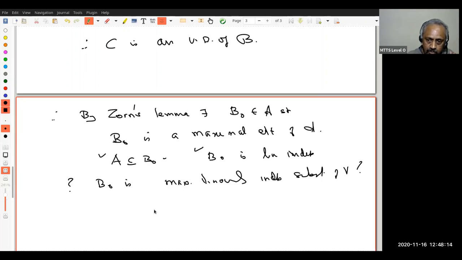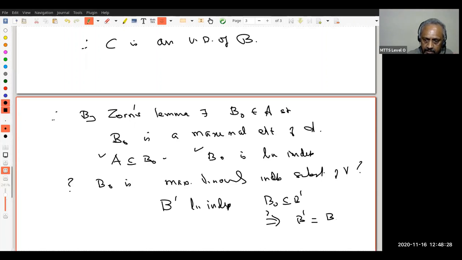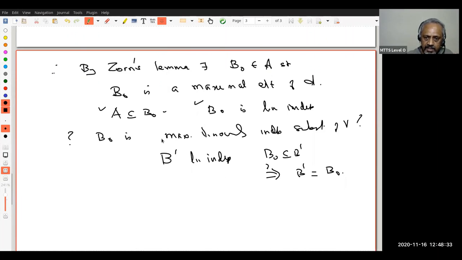So what does it mean? You give me a B dash that is linearly independent, and suppose B naught is contained in B dash. Then I have to prove B dash is B naught. Then B naught will be maximal linearly independent. This is a linearly independent subset of V. You follow that?